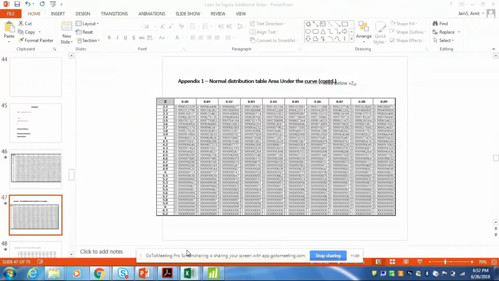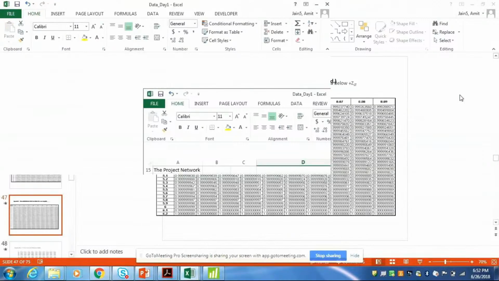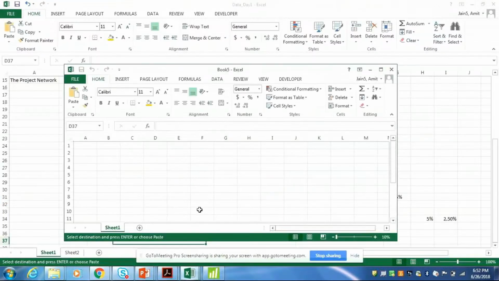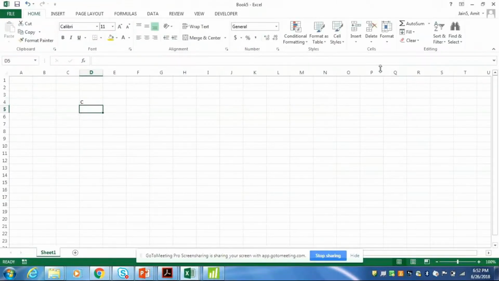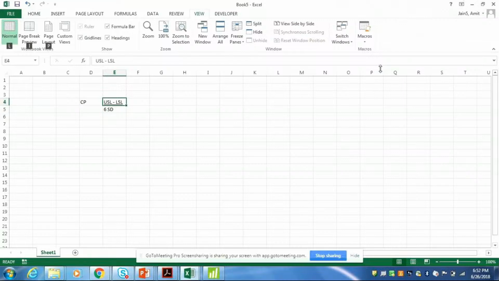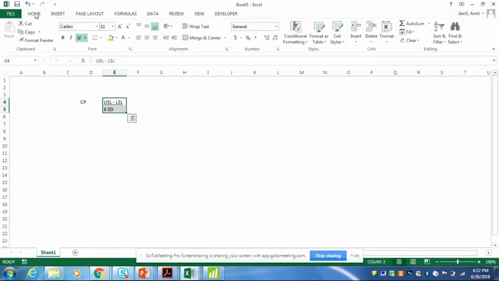Let me just open the Excel and show it to you. So how we calculate CP: USL minus LSL divided by 6 standard deviation. Right. This is the formula, right?